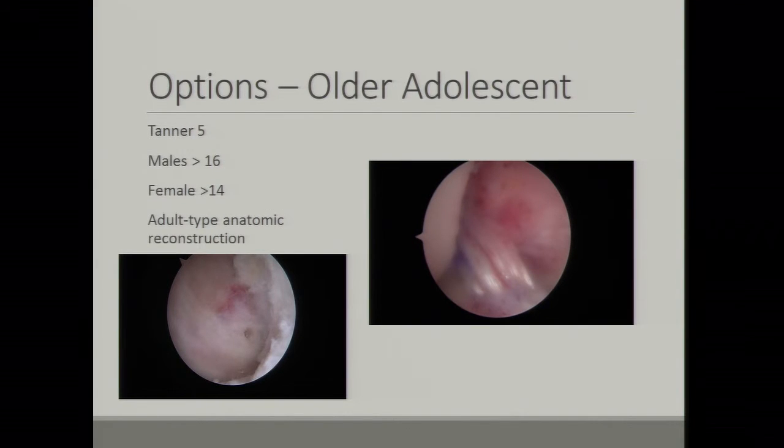When we get into older adolescents, so nearing skeletal maturity, getting on 16 years old for males, 14 for females, I think the bottom line is we're probably pretty safe to do whatever we want as far as an anatomic ACL reconstruction. I think even in this group, putting a bone block across the growth plate is probably unlikely to really pose any morbidity.